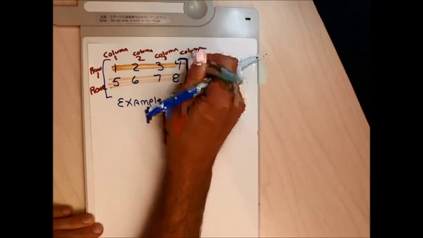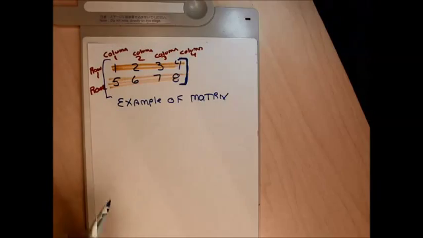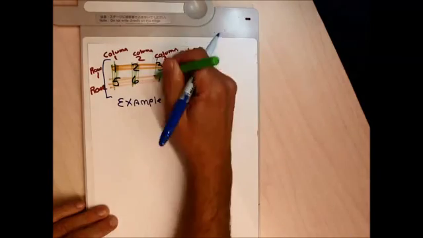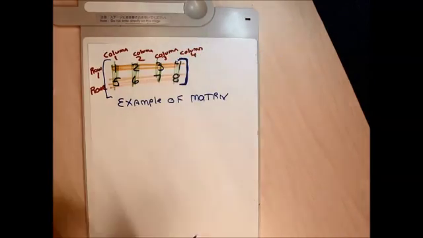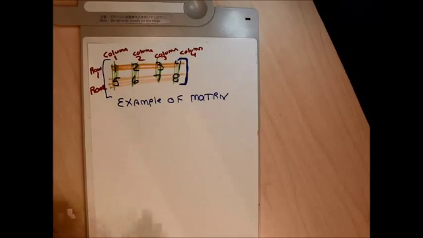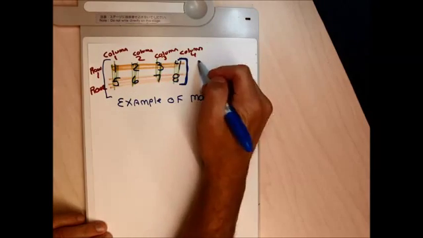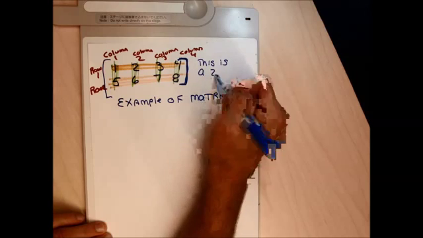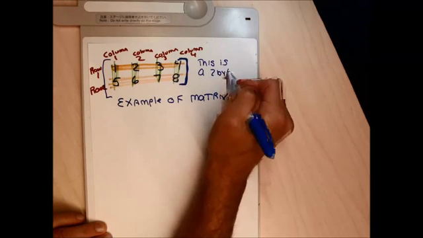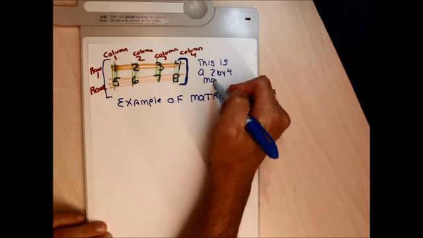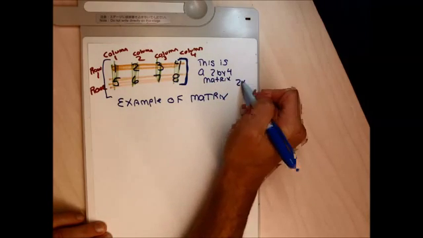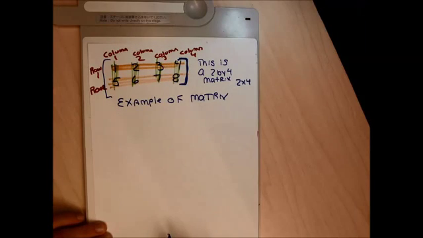Rows run horizontally, columns run vertically. So this matrix that has 2 rows has 4 columns, and I'd say this is a 2 by 4 matrix. A lot of times we replace that word by with a cross. I'll say it's 2 by 4 with a cross.